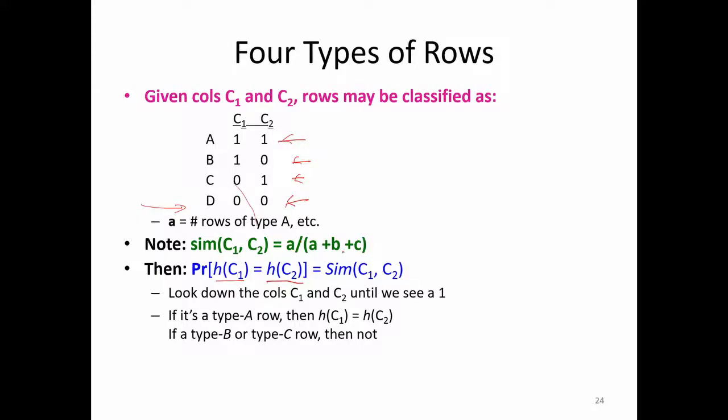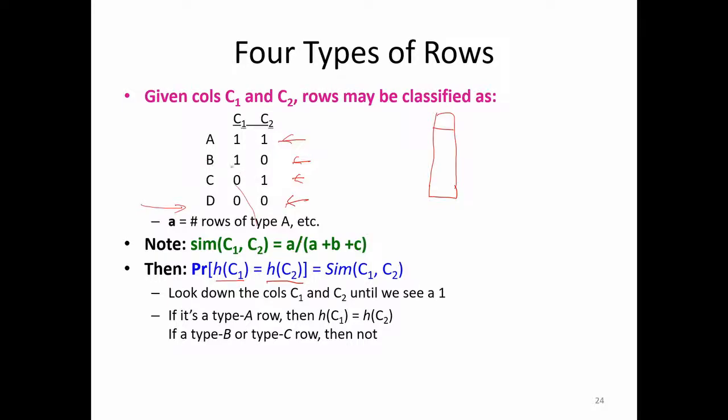You recall that this happens only when a particular row comes to the top, after a permutation. In this case, among A, B and C (D type rows don't matter anyway), it happens only if a type A row comes to the top.